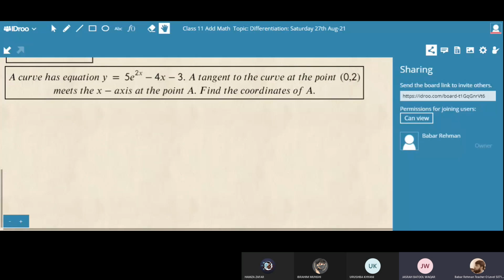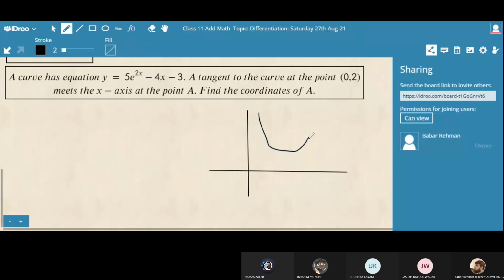Yes, a line. For example, this is a graph. Since this is e power x, the graph should be like this, going like this. This is y.